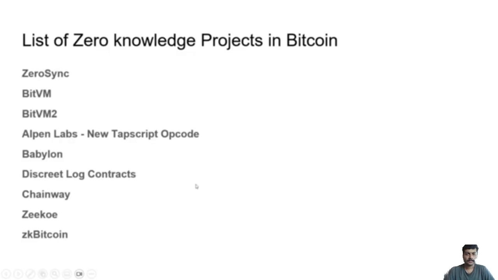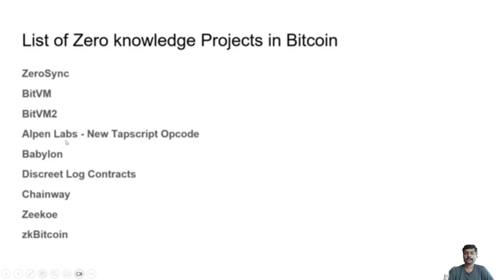And there are other projects that are working apart from the ZK Bitcoin. ZeroSync is using zero knowledge proofs. It's also a layer 2 thing. BitVM2 is much more famous here, and they are using the optimistic fraud proof scenarios. It is not offering the privacy level that the ZK Bitcoin offers, but it is using the optimistic fraud proof scenario here.